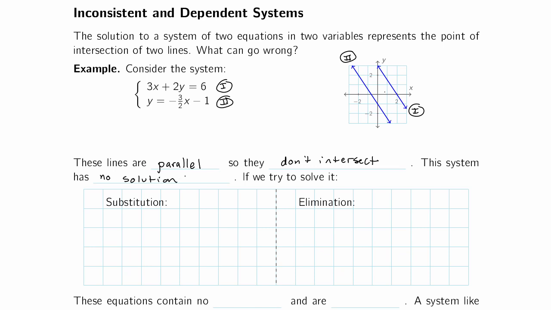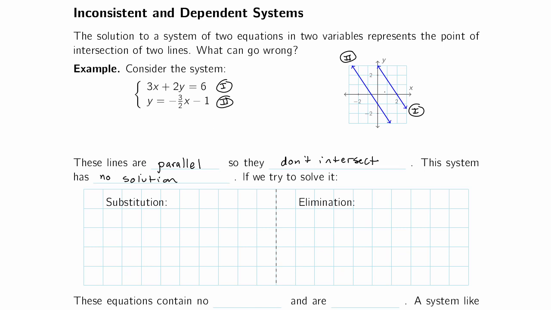Now we can see that in the picture, but if we hadn't drawn the graphs, that might not be obvious. Let's see what happens if we try to solve a system like that algebraically. I'm going to use both substitution and elimination, just so we can see what happens in each case.